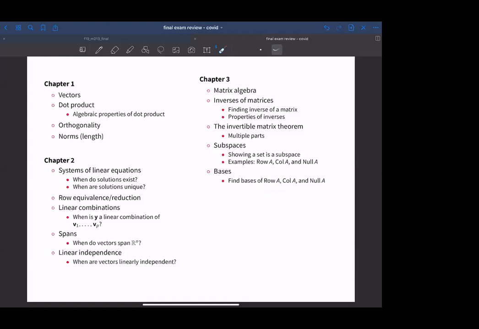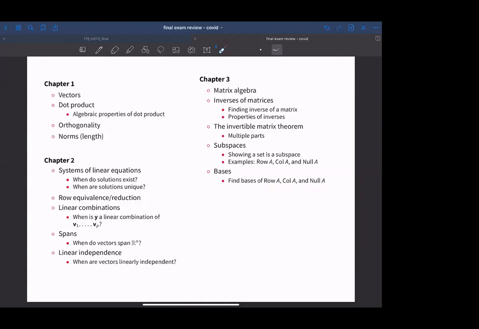Now, sometimes we might ask you to find a basis for something that's not a row space or a column space or a null space. In that situation, remember what we did: if we give you a bunch of vectors and ask you to find a basis for the space they span, the trick we typically use is to write those vectors as the rows of a matrix, and then all of a sudden the space that we care about is the row space of a matrix.